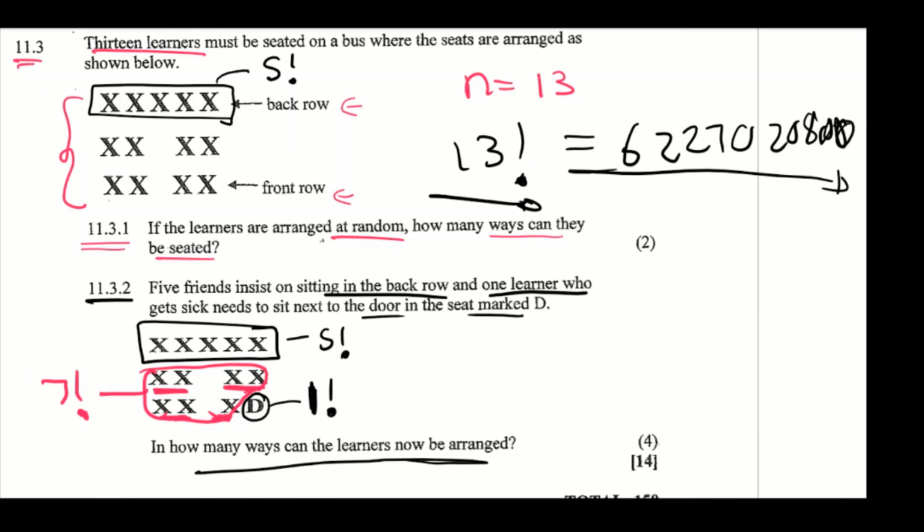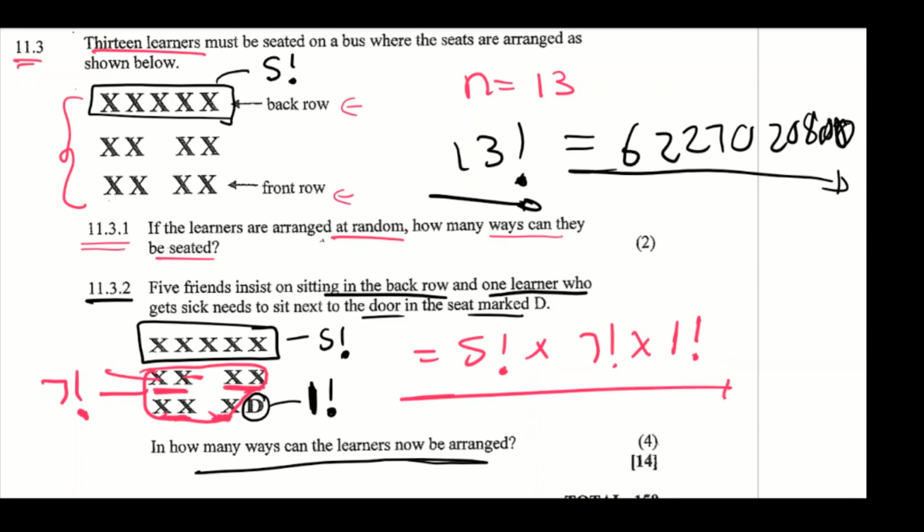One learner can sit on this seat, another on this one, either of these 7 seats. So to find the number of ways the learners can be arranged, it's going to be 5 factorial, which is the learners that want to sit at the back row, multiplied by 7 factorial, which is the learners that will sit on all these 7 seats, and multiplied by 1 factorial, which is the learner that wants to sit next to the door.